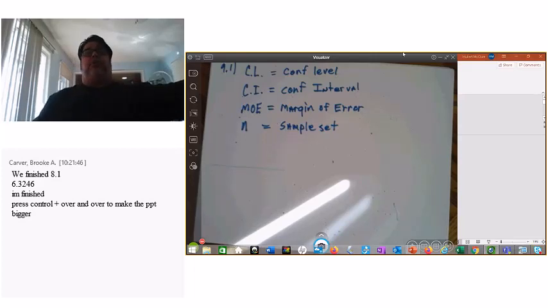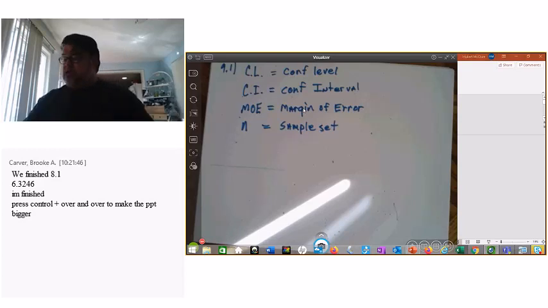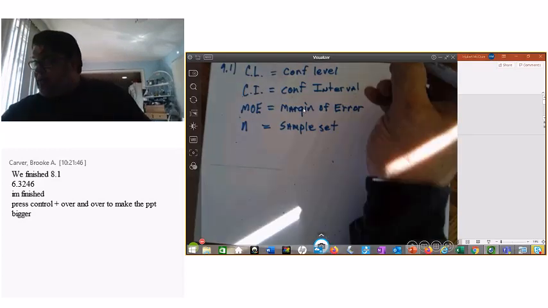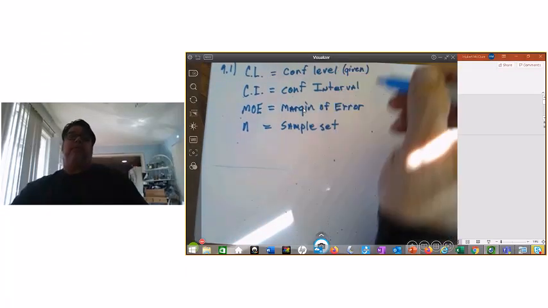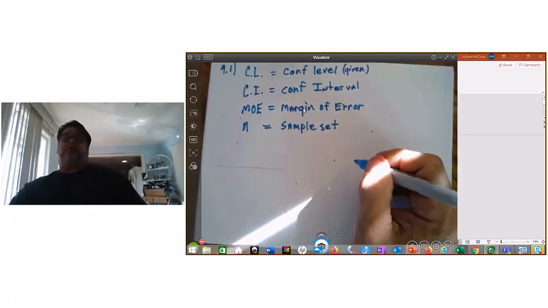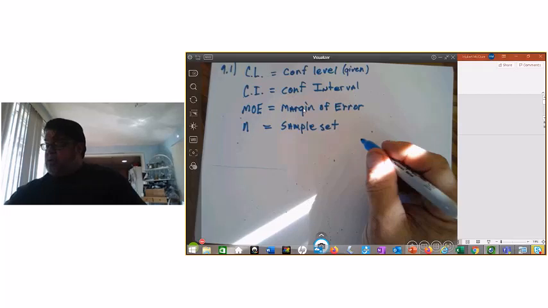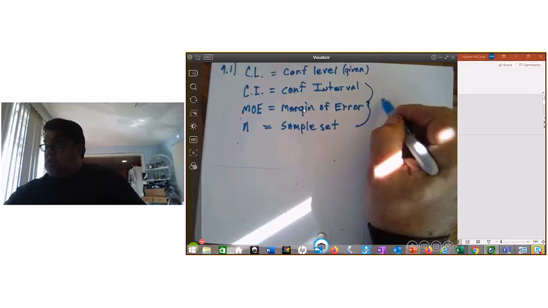So that's what we're going to be learning in 9.1. In 9.1, the confidence level is usually going to be given. The confidence interval is what you calculate. And these 3 you're going to calculate.